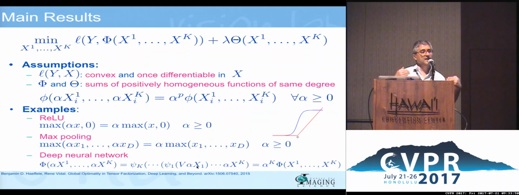So what's happening at each layer is that I'm composing linear transformation with max pooling and with ReLUs, all of which are homogeneous of degree 1. So each layer is homogeneous of degree 1. And so if I just concatenate 2 layers, I'm going to get homogeneous of degree 2. If I concatenate k layers, I'm going to get homogeneous of degree k.